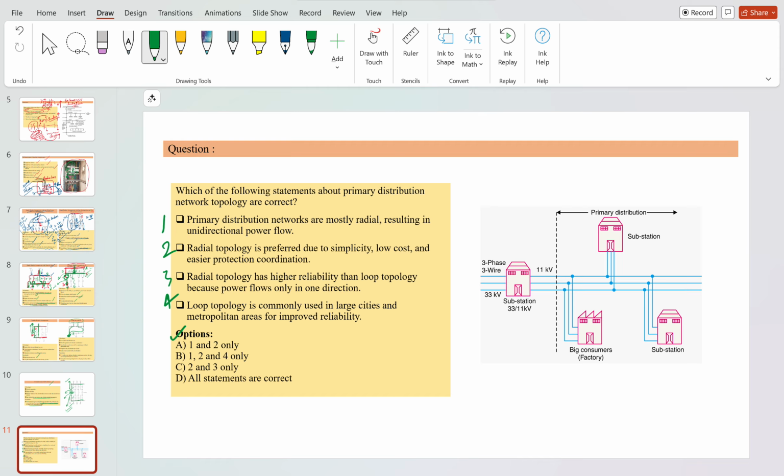Those who have given the answer, try to verify whether it is correct or not. Okay, then I will explain that, but try to see again.